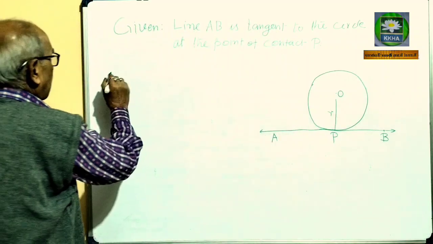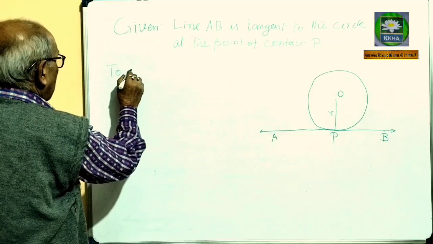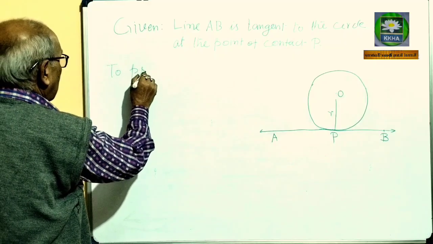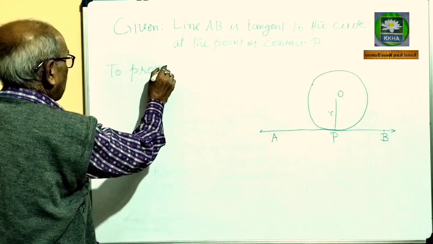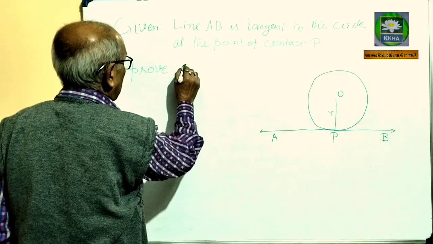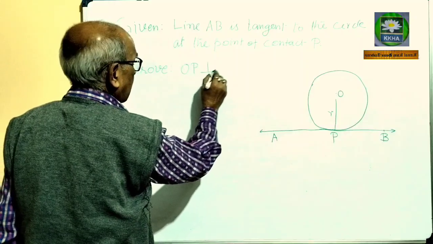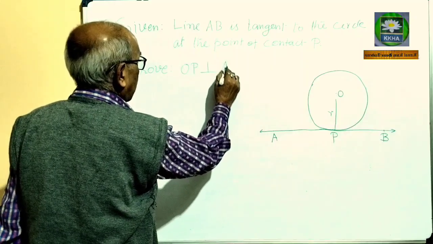Now, what is to be proved? To prove: OP is perpendicular to AB.